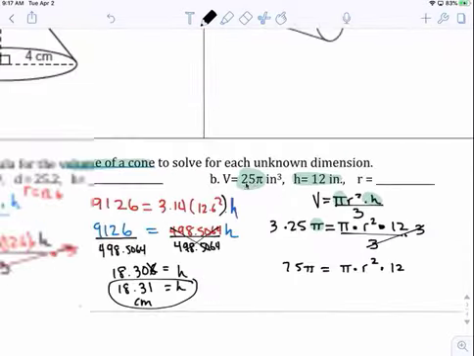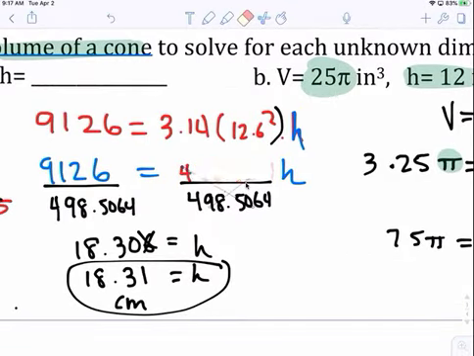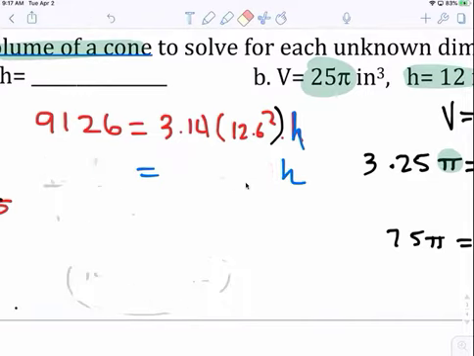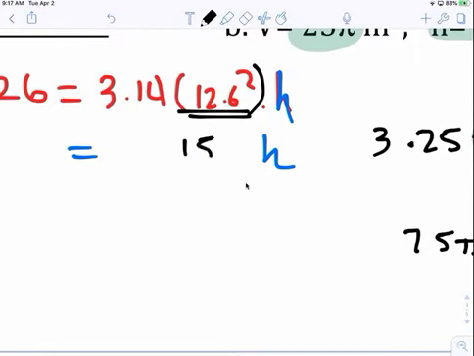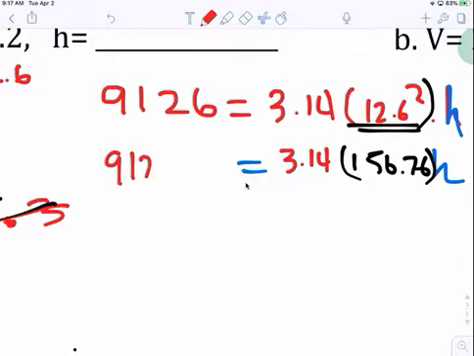Okay, for this problem here, we can always do the exponent first. We didn't have to do this. You could have done 12.6 squared, which is 156.76. Then 156.76 times 3.14 has to equal 9126.